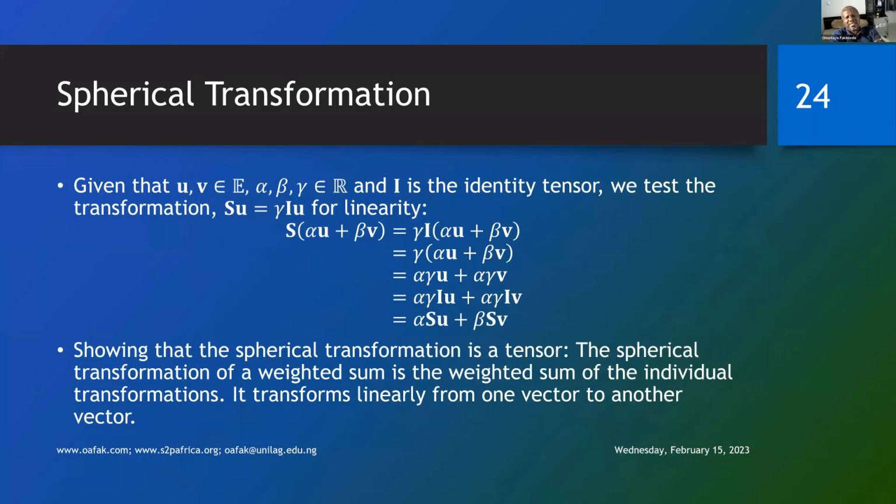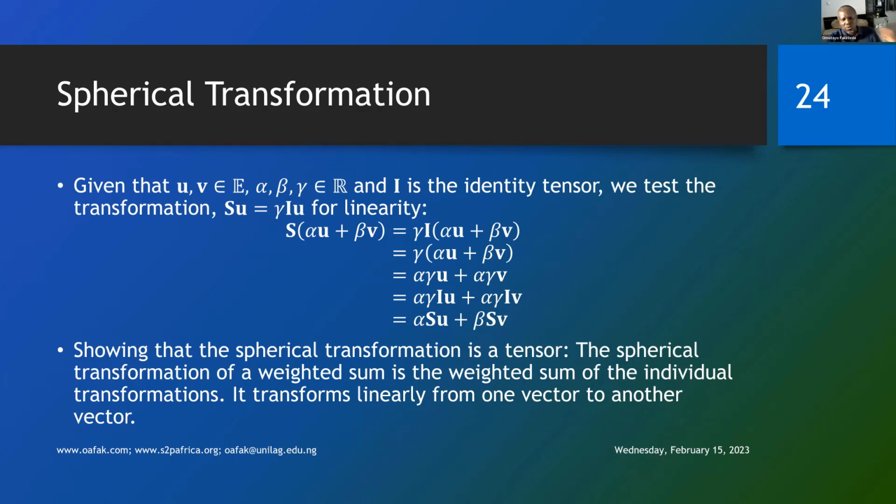If we do that, we can even conclude immediately that if I has already been demonstrated to be a tensor, then gamma I is obviously a tensor. Multiplying it by a scalar doesn't change the tensor character of it.